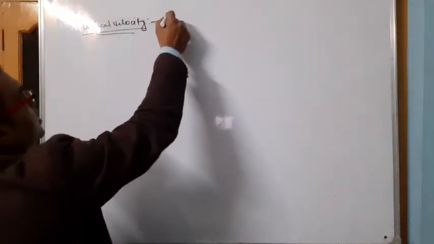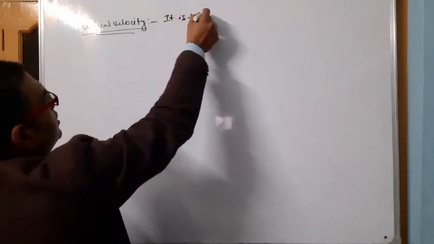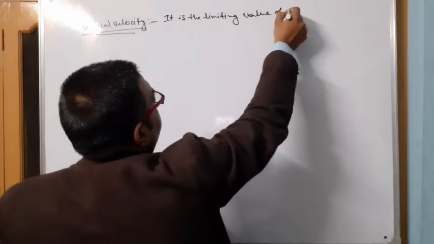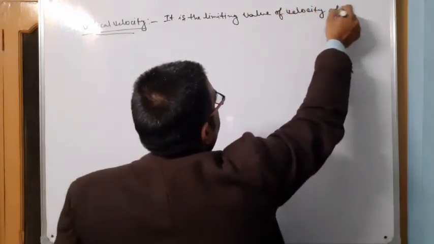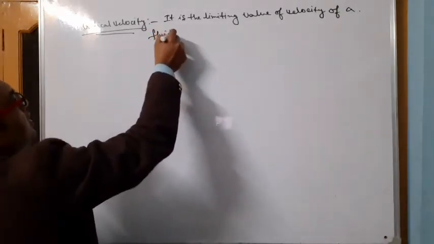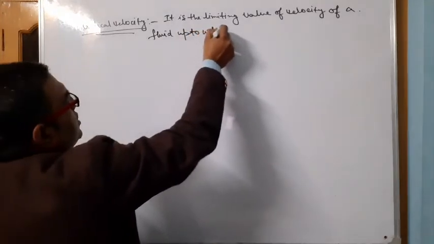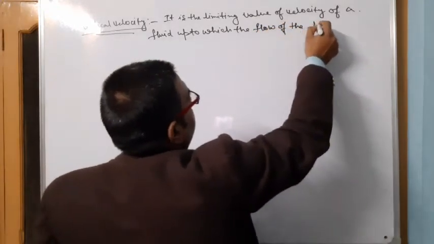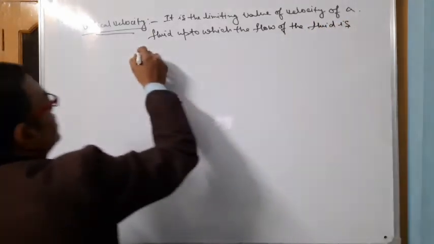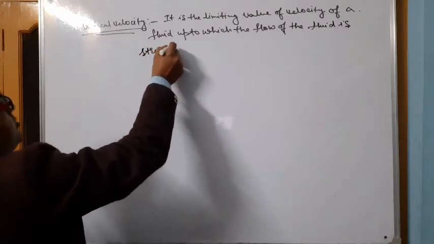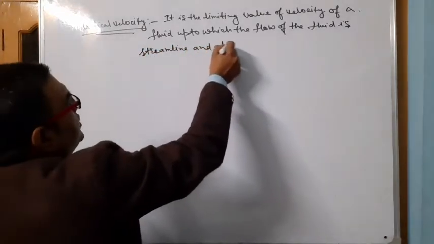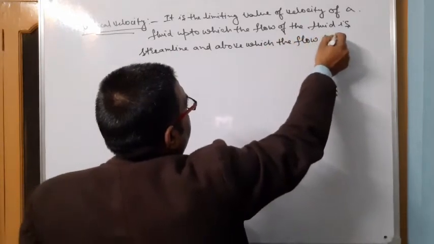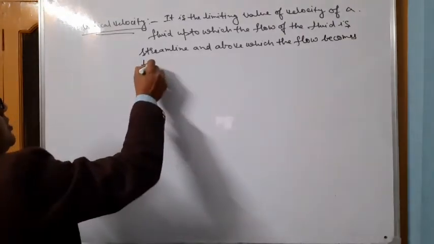So it is the limiting value of velocity of a fluid up to which the flow of the fluid is streamlined, and above which the flow becomes turbulent.